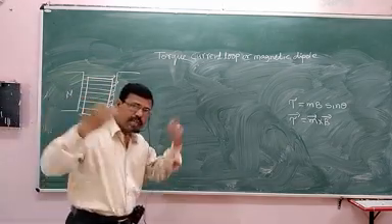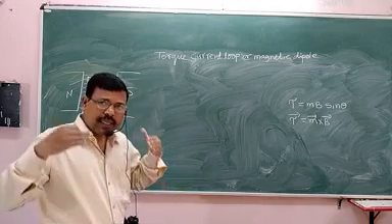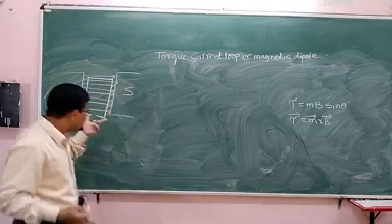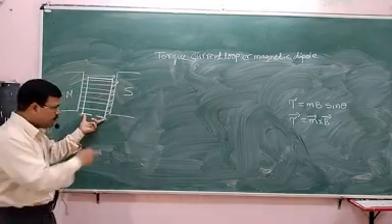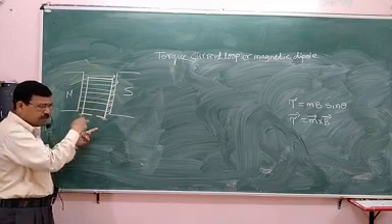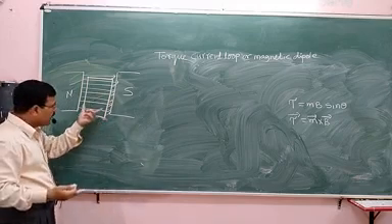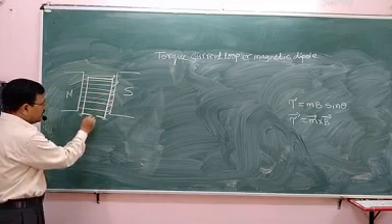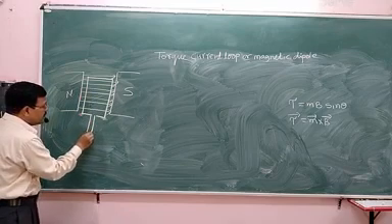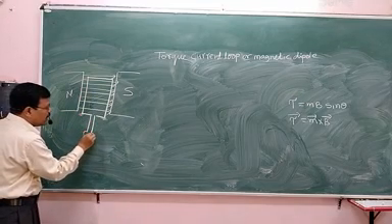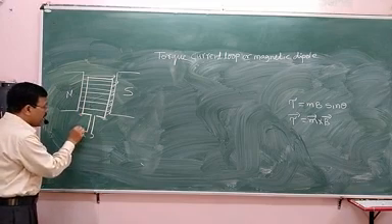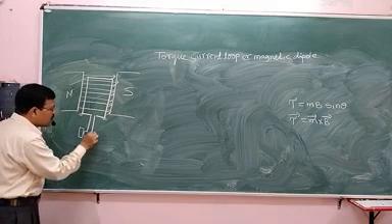Just as we have seen that a DC motor contains an armature, a rectangular coil. That rectangular coil is kept in the magnetic field. Here also there is a rectangular coil, and this rectangular coil is connected to a commutator, and the commutator has contact with the carbon brushes.